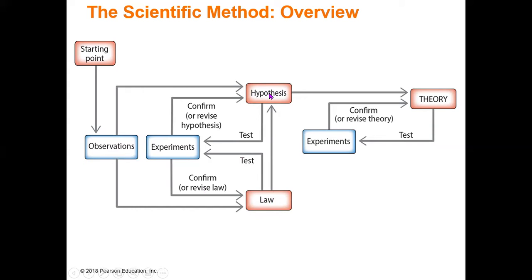Both hypotheses and laws, and even theories, have to be continuously validated or invalidated by experiment. The experiment can either confirm your hypothesis, law, or theory, or tell us we have to revise the hypothesis, law, or theory.